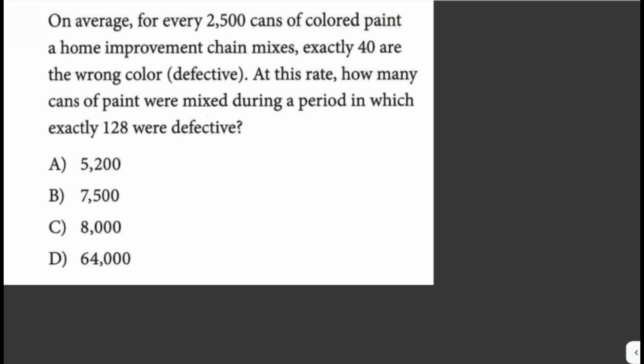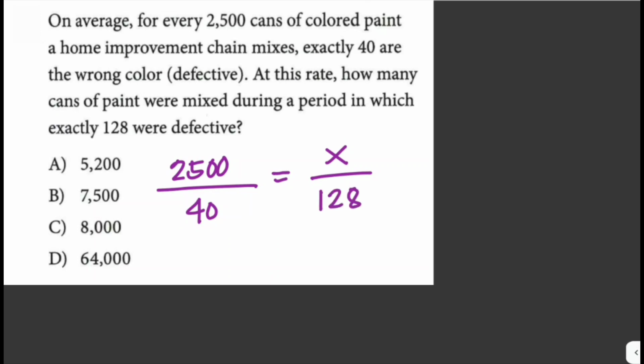So we can do ratio and proportion for this one. For every 2,500 cans, there are 40 defective. So we let X be the number of cans of paint if there are 128 defectives.